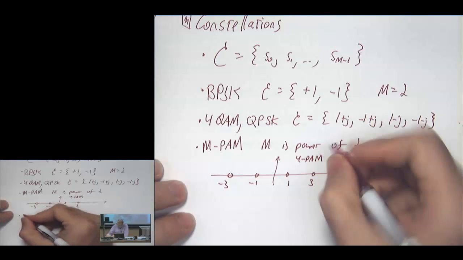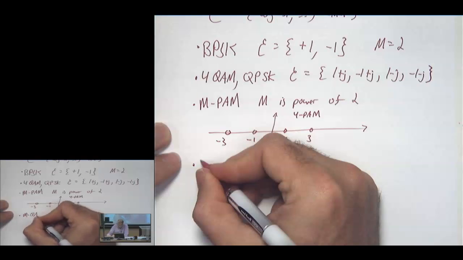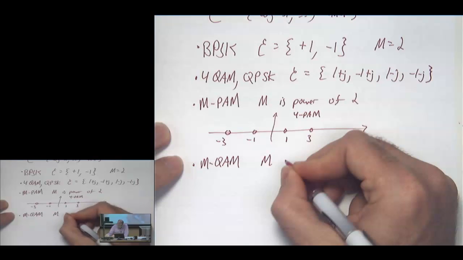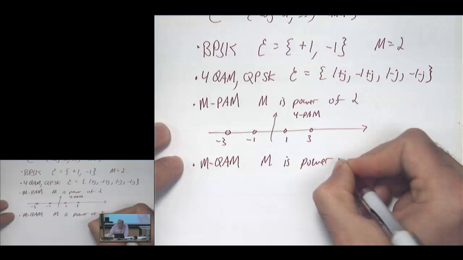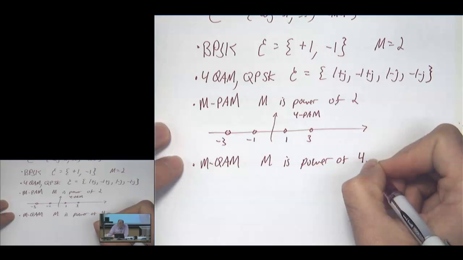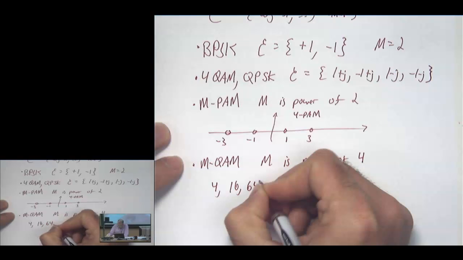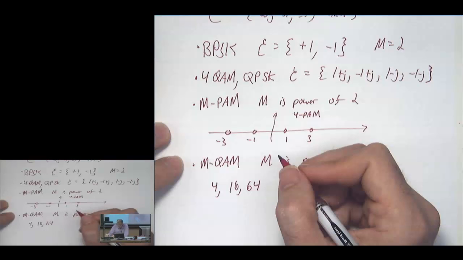And then there will be the most common one that we'll consider. This is what you'll implement in the lab, M-QAM, where M is a power of 4. Typically you see 4, 16, and 64. This is what's used in 802.11 b/g/a/c.